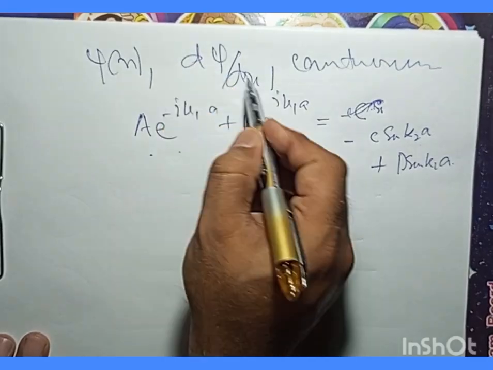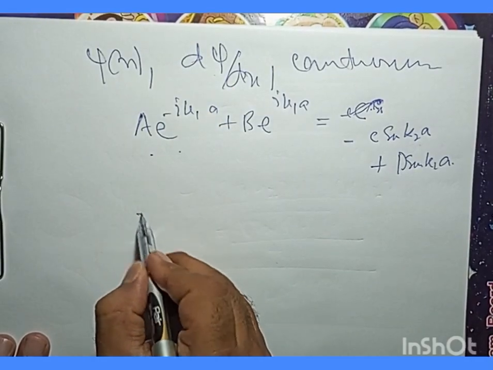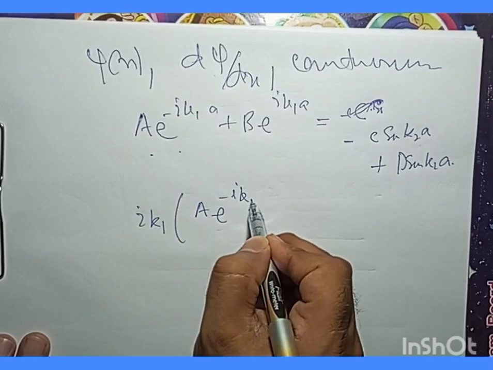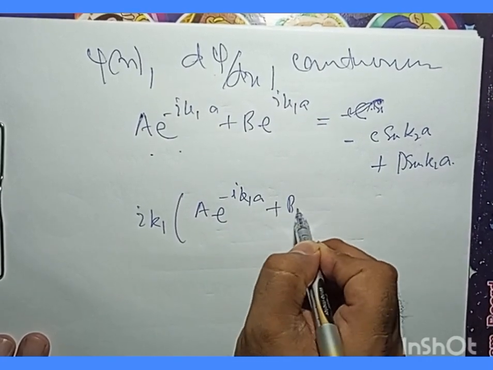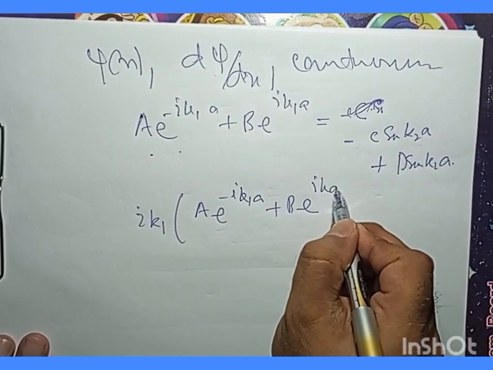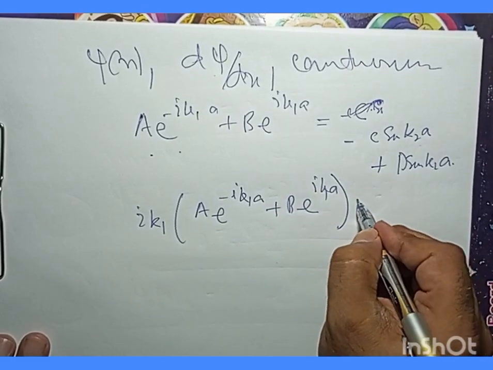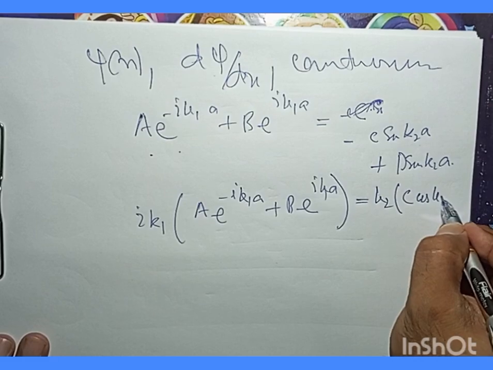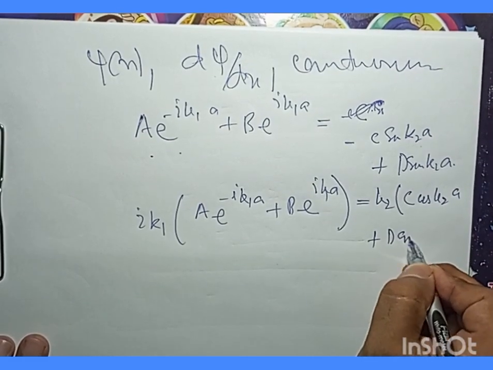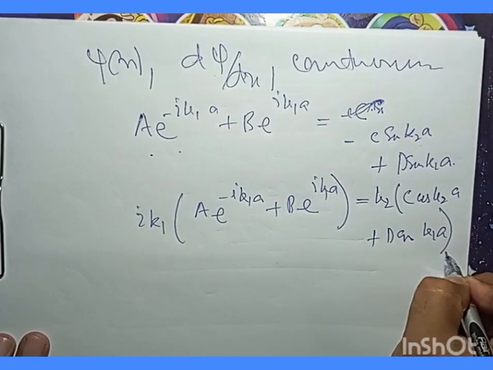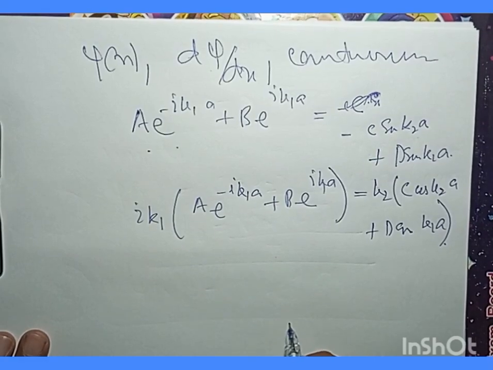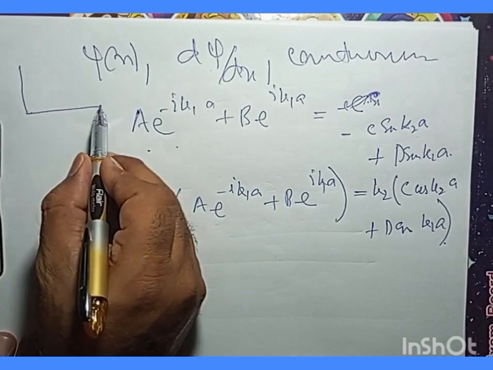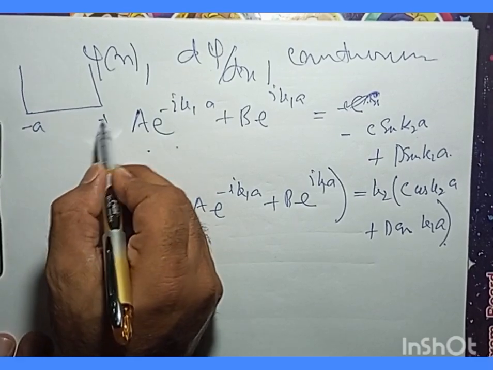So using this boundary condition, what we obtain is iota k1 times a e to the power of minus iota k1a plus b e to the power of iota k1a is equal to k2 times c cos of k2a plus d sine of k2a. All right, so now we have continuity at minus a, and we have to have continuity at plus a.